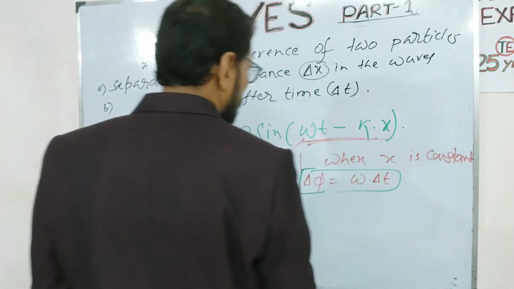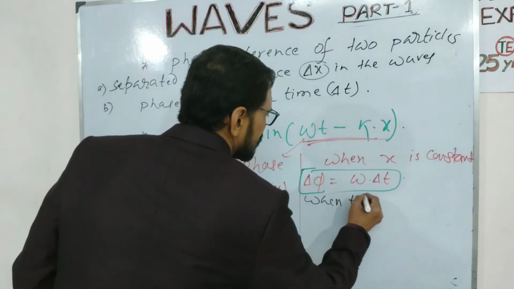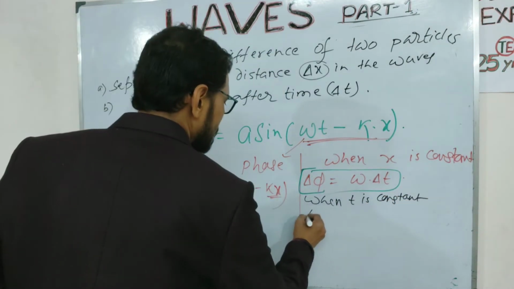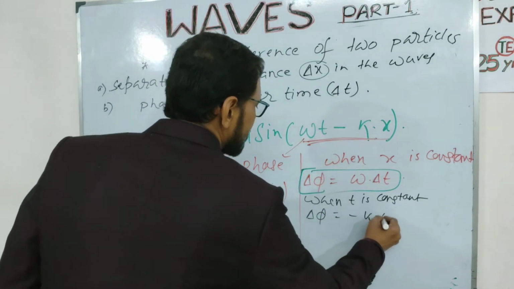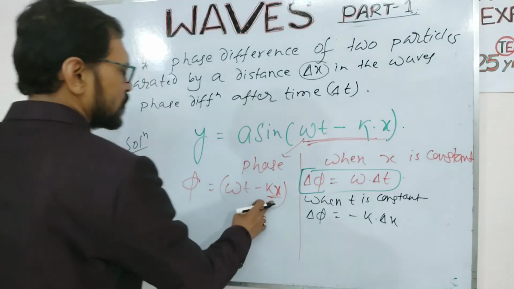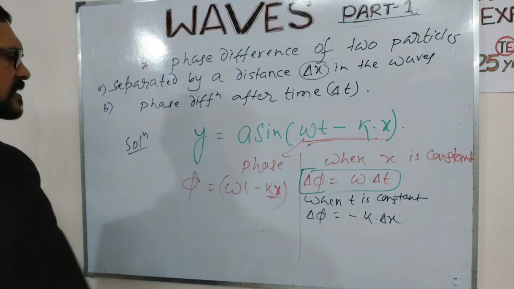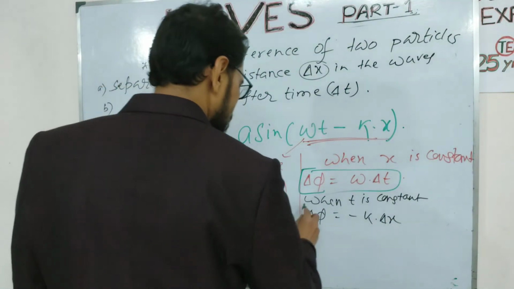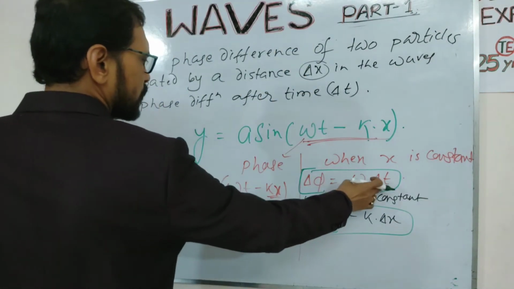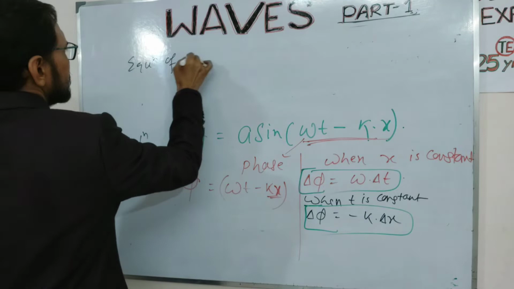And when t is constant, then Δφ = −k Δx, since constant means its change is 0. So this is the formula. For particles separated by distance Δx we write this formula, and for time Δt, the change of phase will be this. Progressive waves.